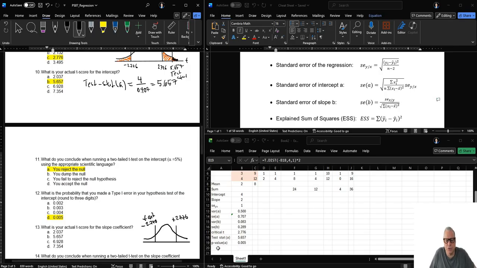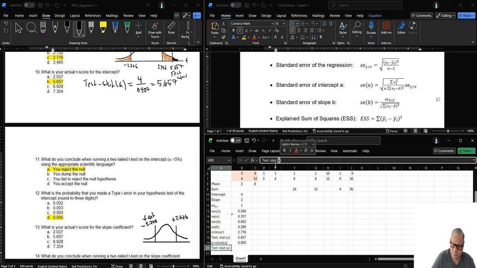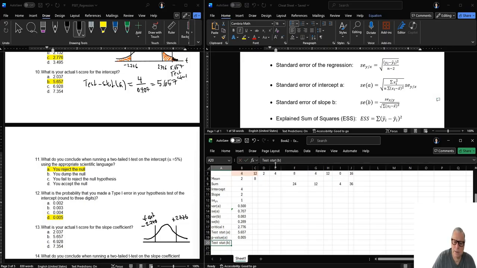And so now our test stat for the slope coefficient is the test stat for our slope B. That is the 2, the slope we estimated, divided by the standard error for B, which is the 0.289. And that is even more significant.